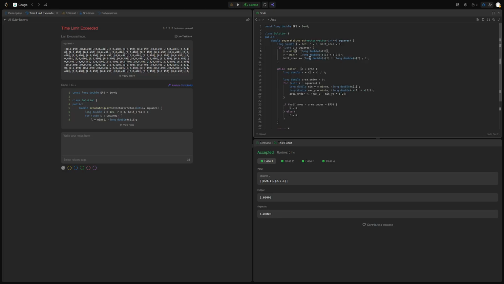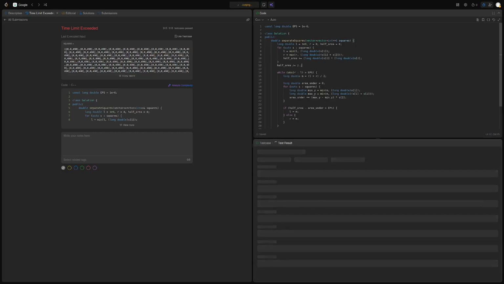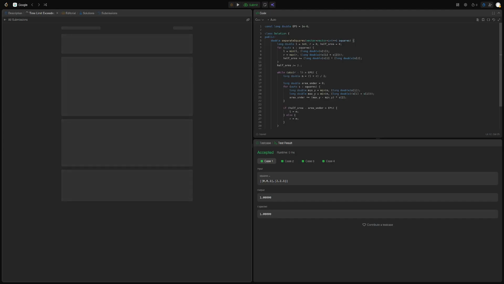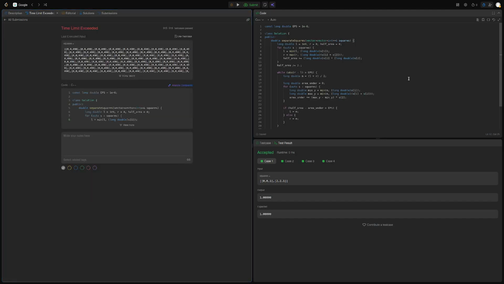All these conversions are not helping either. Maybe if I do this, that could help. I don't know. TLE on one test case.